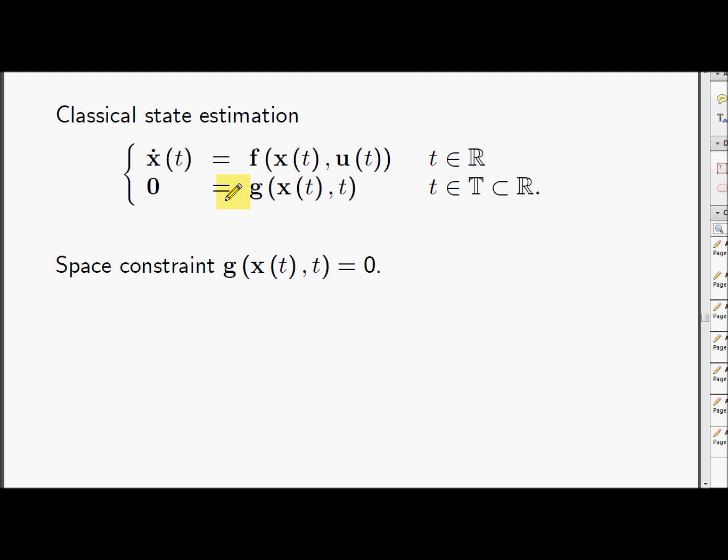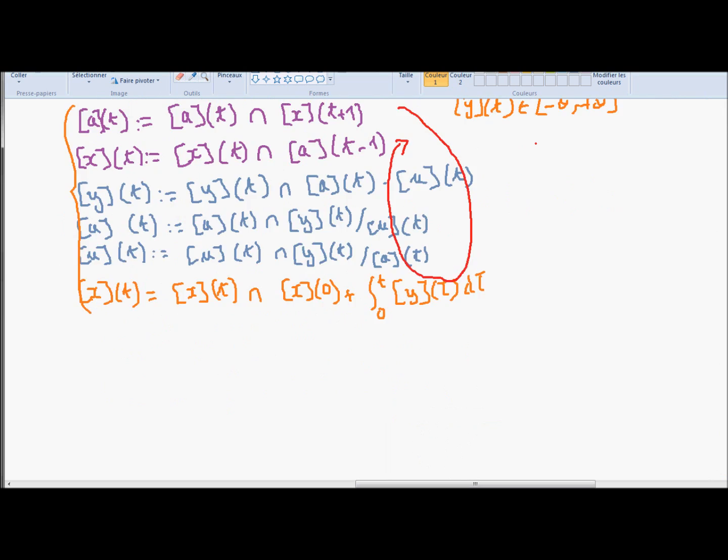Of course, I should have the uncertainty, but just to illustrate the principle, here I just have written an equation that x of t should satisfy. So this equation is called the space constraint, since I have an equation which depends on the state at time t only. So if I want to, I will draw what happened.